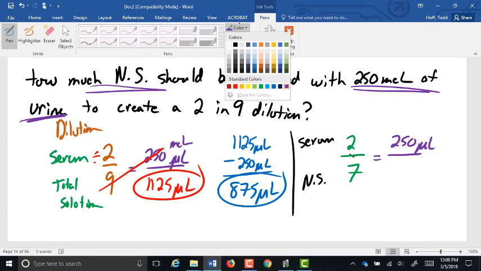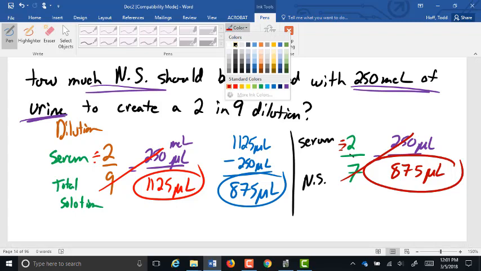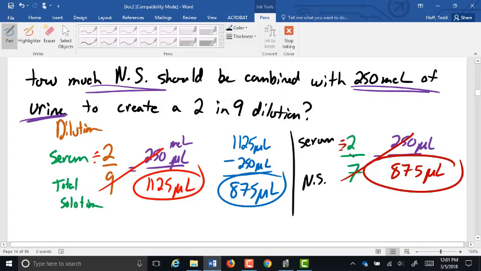We cross multiply and divide. 7 times 250 divided by 2 is going to give us 875 microliters. So that's the basics of dilutions.